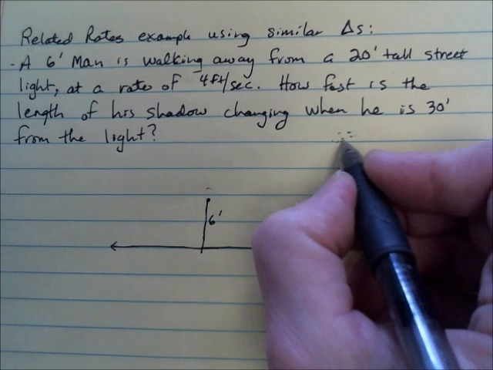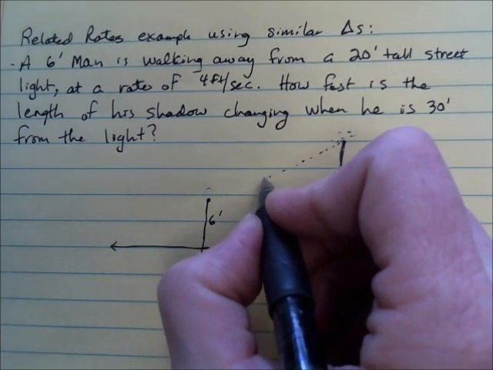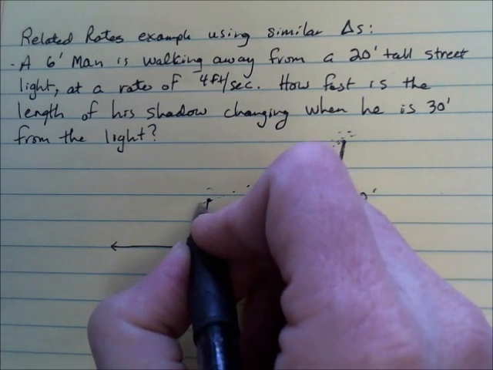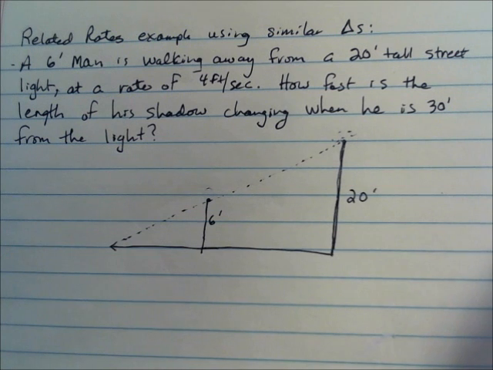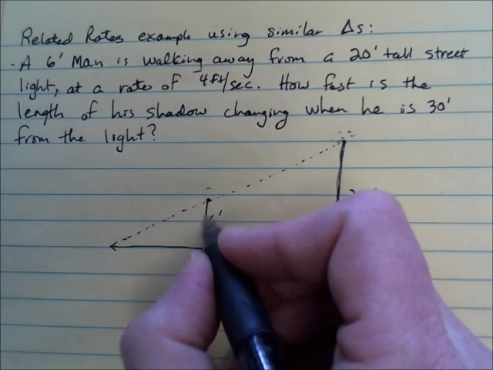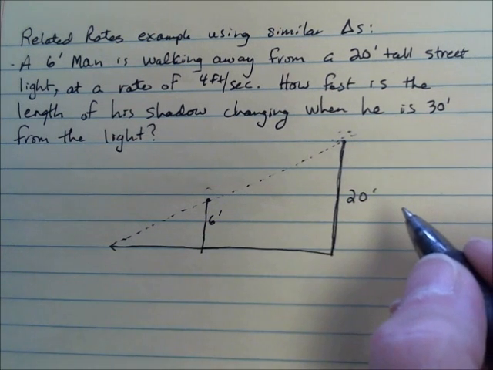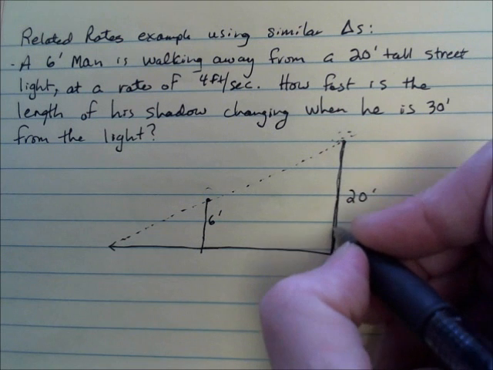And this light shines down on the man and creates a shadow on the ground like this. Now this height of the man is a constant in this equation, and this height of the light is also a constant in this equation.